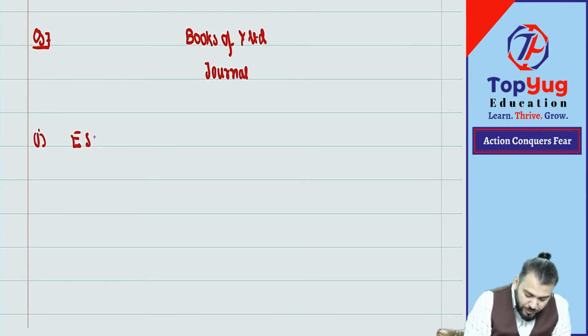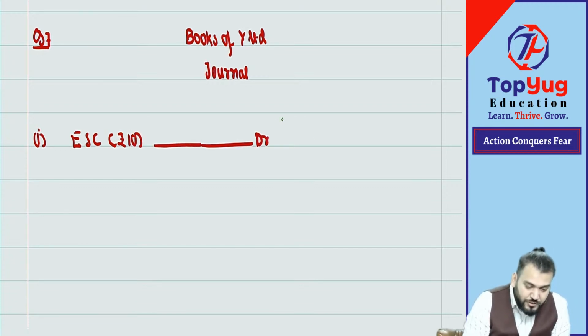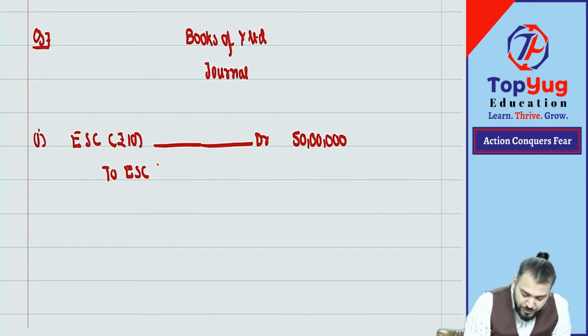What journal entry? Equity share capital of rupees 10 account debit. How much? It is 50 lakh. To what? Equity share capital of rupees 5.